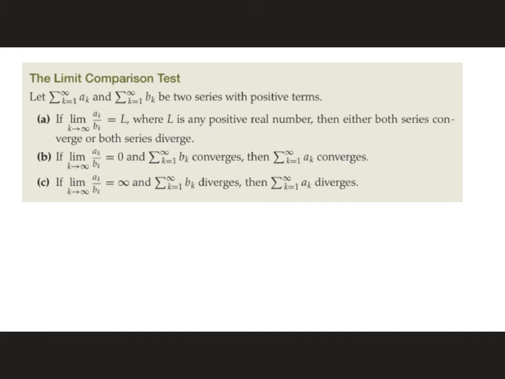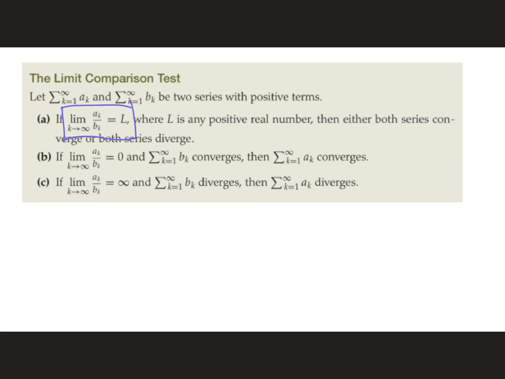So we have a_k and b_k, two series. If we get a number, then they do the same thing. If we get 0, that's a particular case. And if we get infinity, also a particular case.